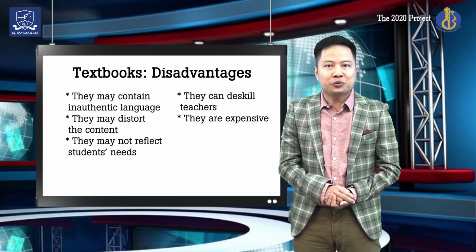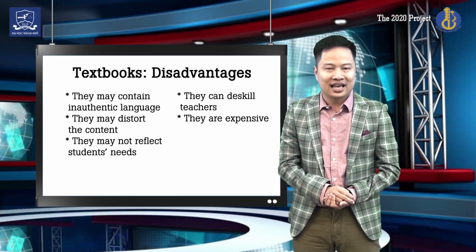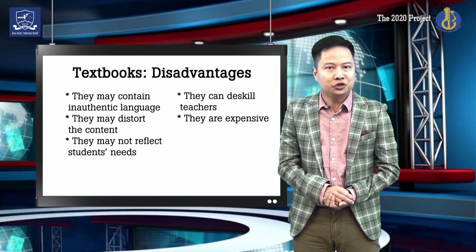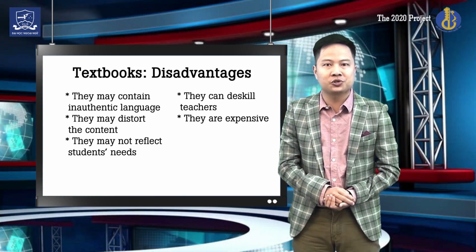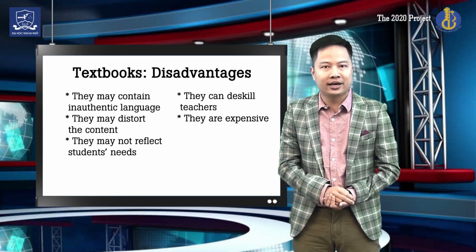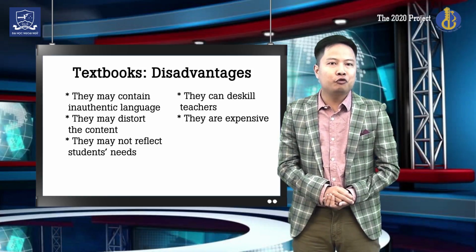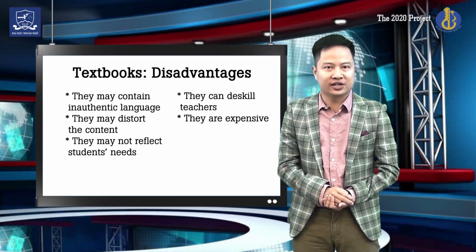Next, they may not reflect the students' needs. Since textbooks are often written for global markets, they often do not reflect the interests and needs of the students, and hence may require adaptation. Fourth, they can de-skill teachers.